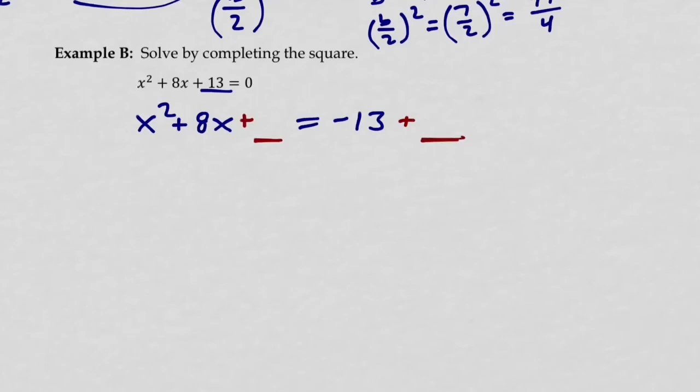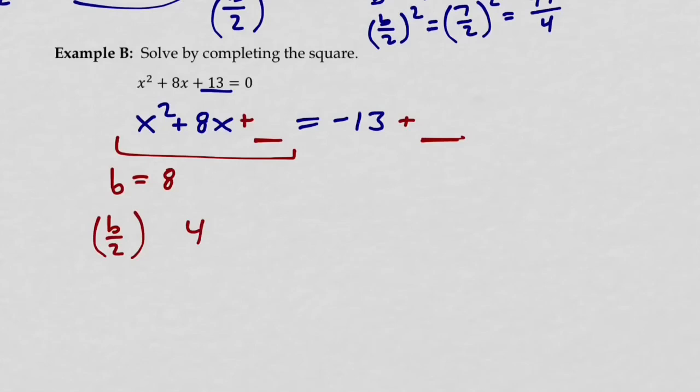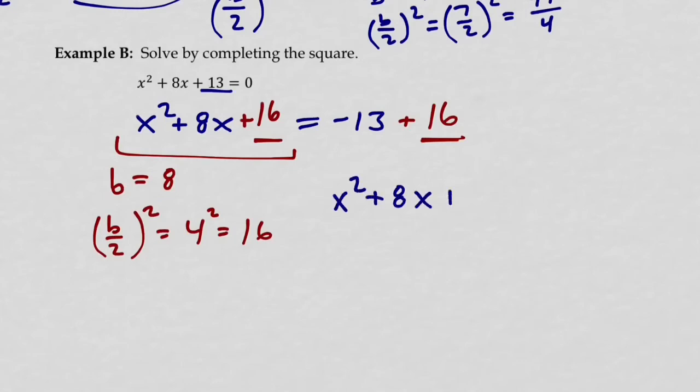What number can I add to both sides to turn the left-hand side into a perfect square trinomial? Well, b is equal to 8, so if I divide that in half I get 4, but I also want to square that, and 4 squared is 16. So I want to add 16 to both sides. That gives us x squared plus 8x plus 16 equals positive 3, because negative 13 plus 16 is 3.